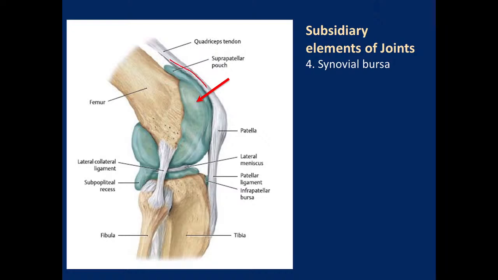Here you see the tendon, and this is the small bone in the knee joint we call patella, and between this structure and the bones we see a pouch, or synovial bursa. That is the name. This is the fourth subsidiary element.